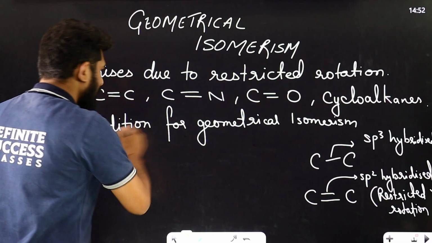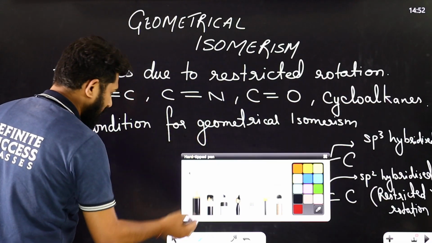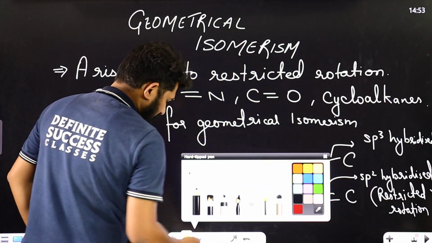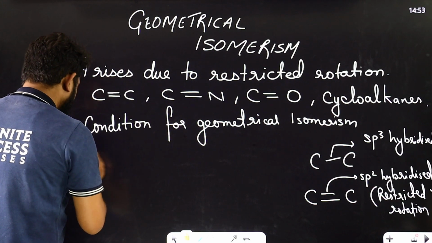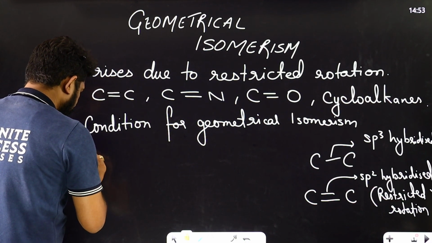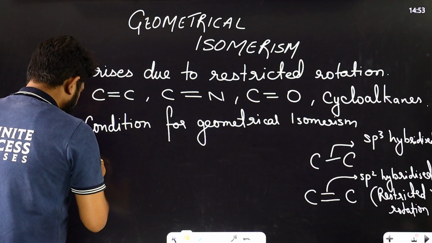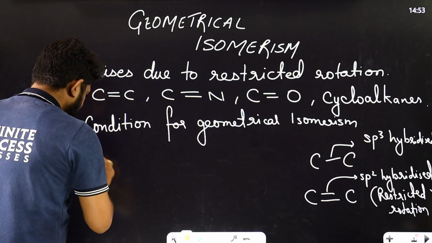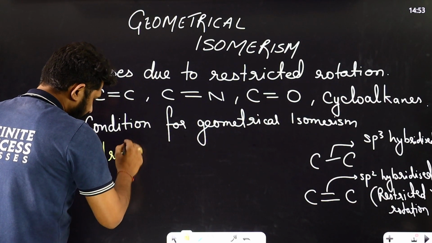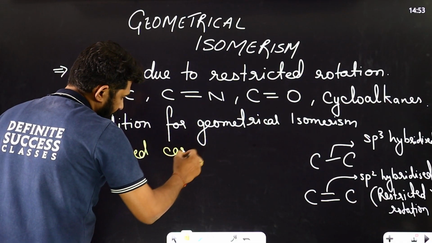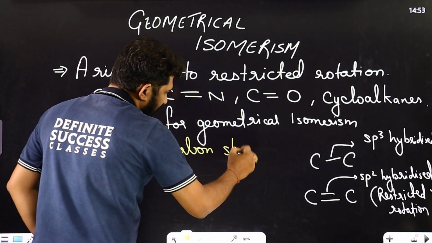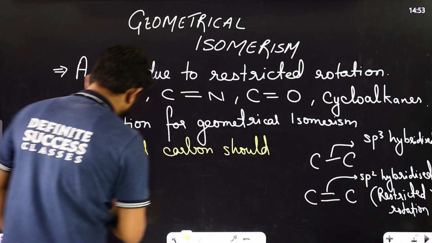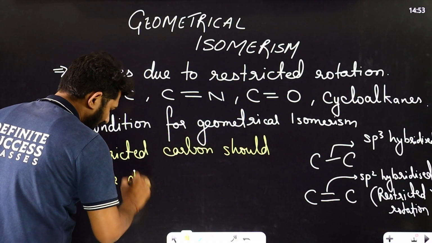Now, condition for geometrical isomerism, as I said, first thing first, the particular rotation should be restricted. Another, that the restricted carbon should have different groups attached to it.